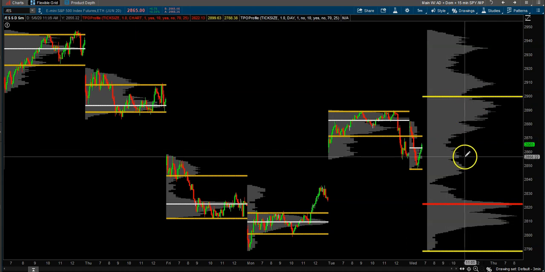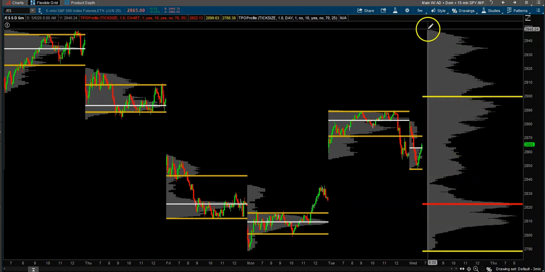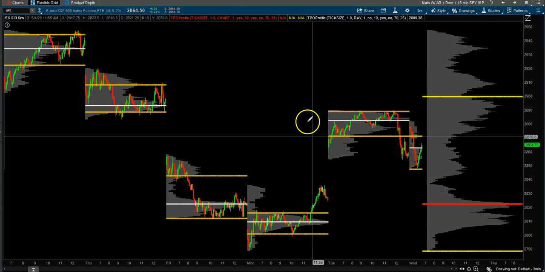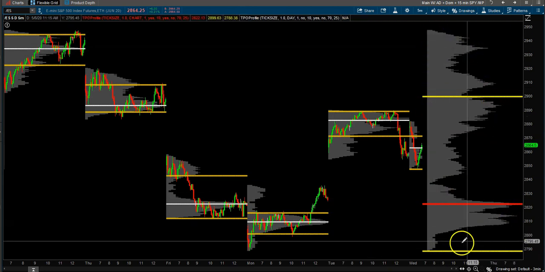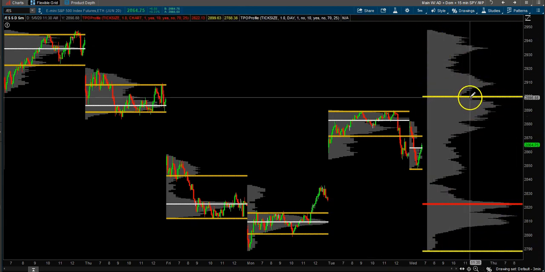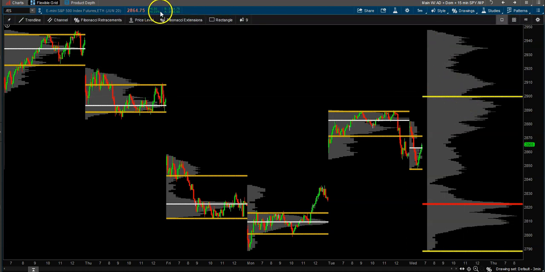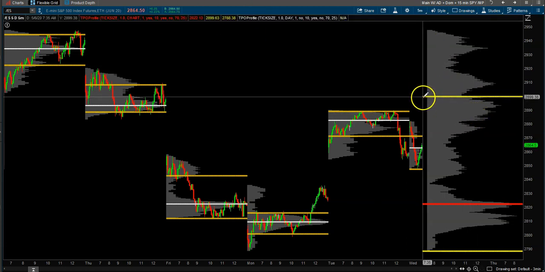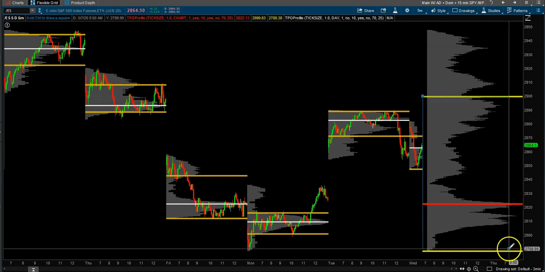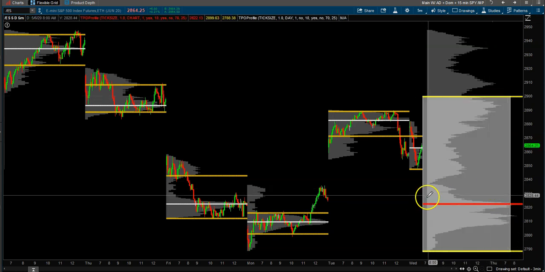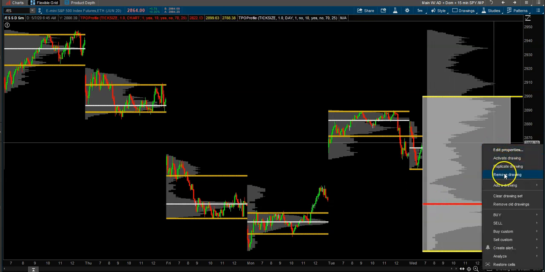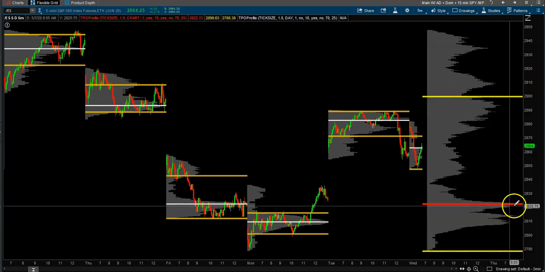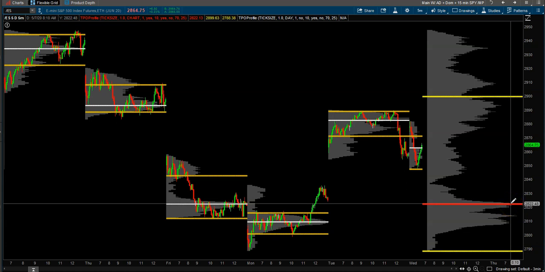Okay, so what that means is from high to low, all the volume from all these days has traded within this entire range, but 70% of all the volume has actually traded within this range right here. Okay, and then the most volume, which would be the high volume node, is traded right here. So this is where the fairest price to do business is, right? That's where price is accepted.